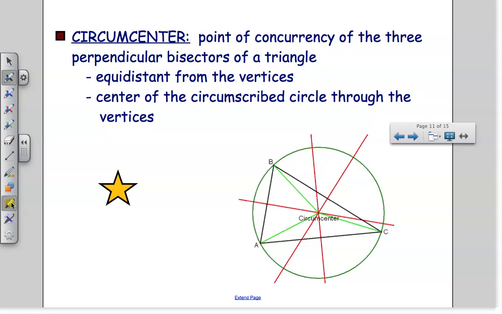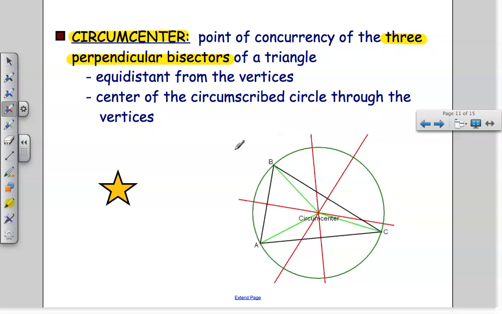So, special properties of this point, the circumcenter, being the point of concurrency where the three perpendicular bisectors meet. We just talked about how it's equidistant from the vertices. If you notice here, I found the circumcenter again. The red lines are the perpendicular bisectors.